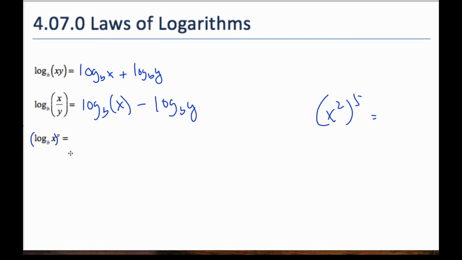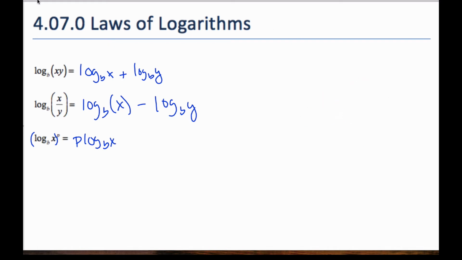Well, this is my exponent like this, and so I end up multiplying p times this exponent. So this is the same thing as p log base b x, and so this power of p can come down into the front and ends up being multiplied. Okay, so these are our three properties, and you have to be familiar with them and how to use them, but you don't have to have them memorized at this junction in time.